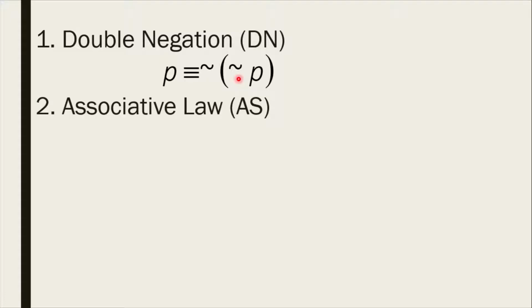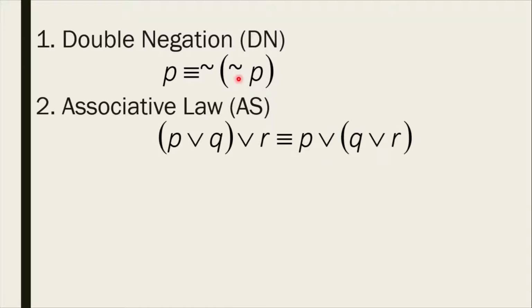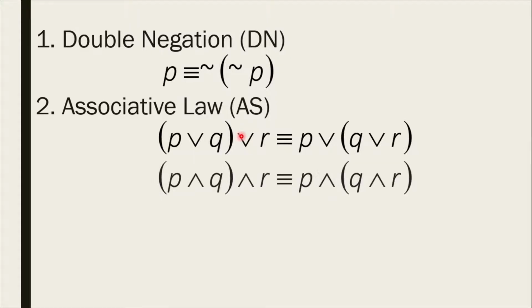The next rule is the associative law, and this law states that the grouping of the component parts of a conjunction or a disjunction may be altered without change in truth values of the statements.